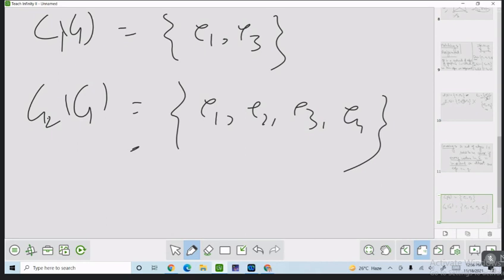Because the set of all edges will make a covering, we have to find the minimum number of edges from which all the vertices will be incident on at least one edge. We have to minimize the set. But in matching, we have to maximize, we have to find the maximum number of edges. So both are optimization problems.